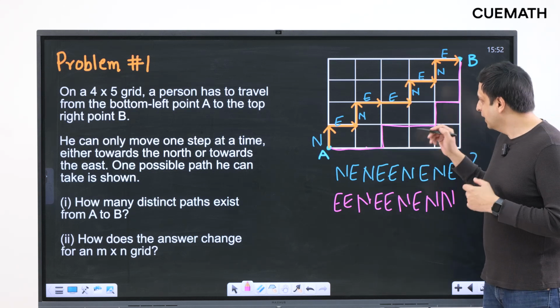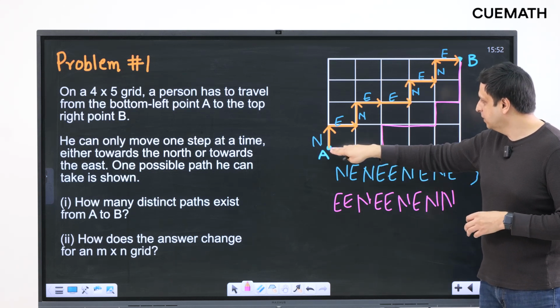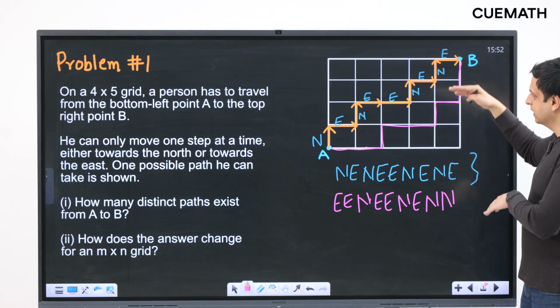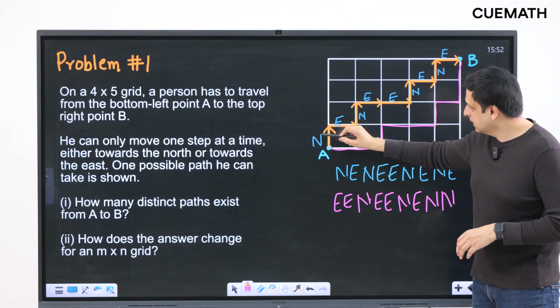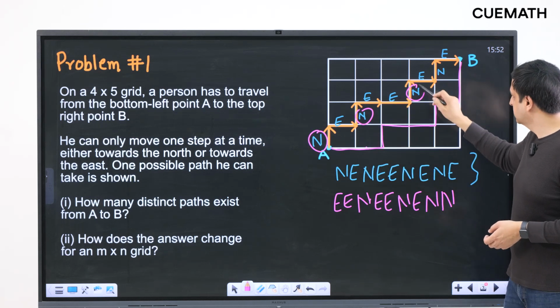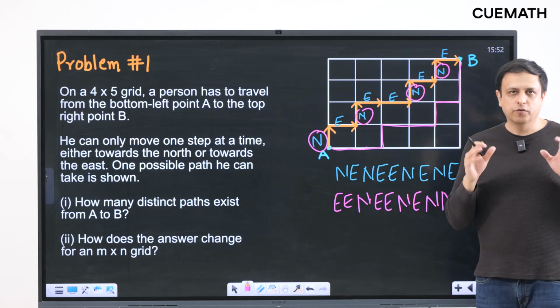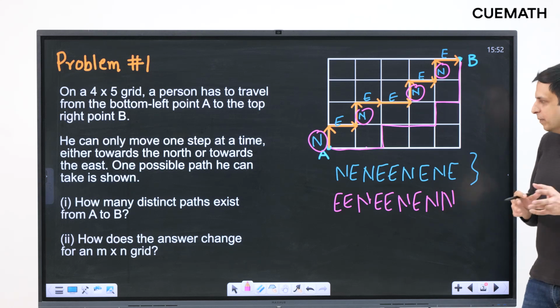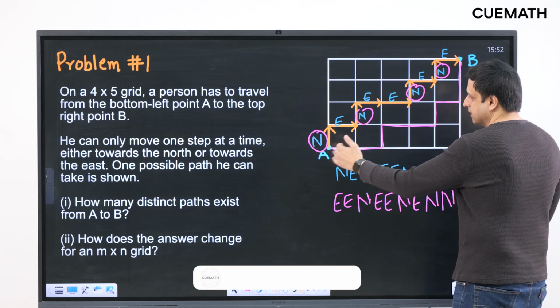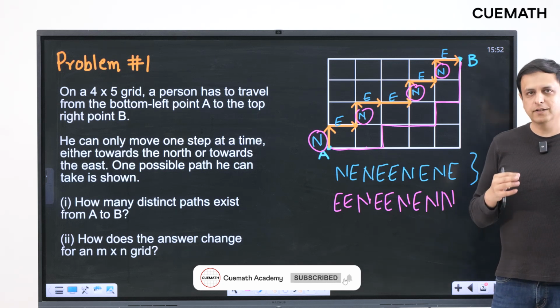Well, we must have 4 N's because between A and B, the vertical or north-south distance is 4 units. So we must have 4 N's always. Like in this case, we have this N, this N, this N, and this N. So we will always have 4 N's. And how many E's will we have? We will always have 5 E's because the horizontal distance between A and B is 5 units.